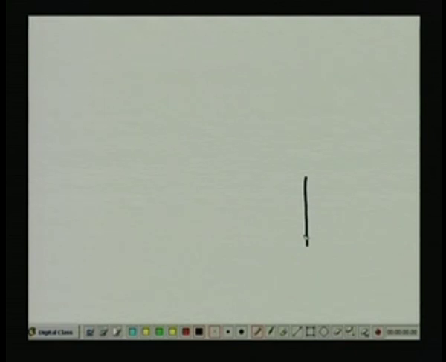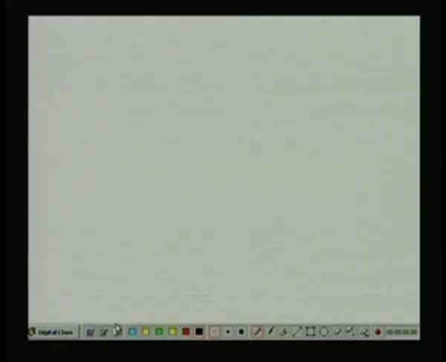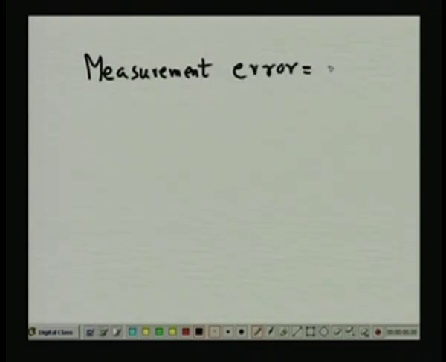The problem looks like this. The measurement error will be equal to e to the power minus t by tau.